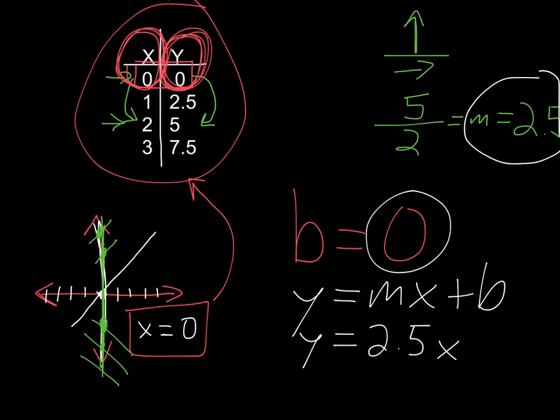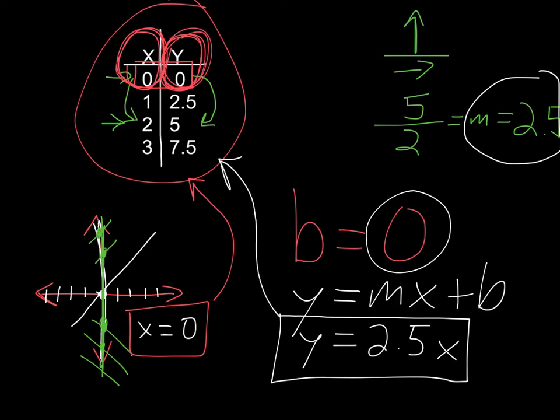So plus 0 doesn't add anything. So our equation is just y equals 2.5x. And does that make sense with our table? Sure it does. Y equals 2.5x. 2.5 times 1 is 2.5. 2.5 times 2 is 5. 2.5 times 3 is 7.5.